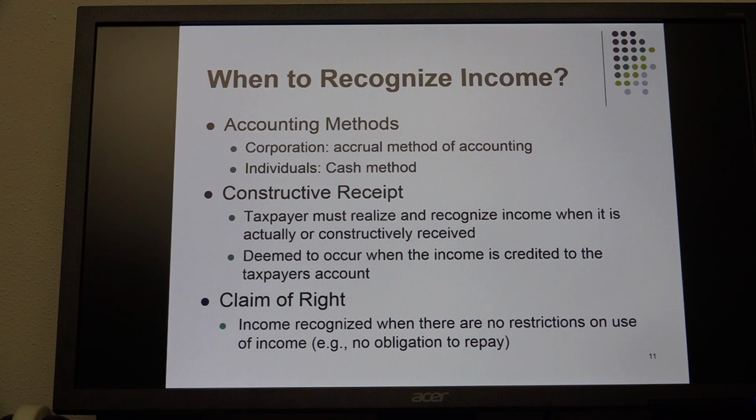In other words, it's unconditionally available to the taxpayer. And so, in my example, I didn't mention any restriction. Certainly, the taxpayer had the right to pick it up. He just chose not to.